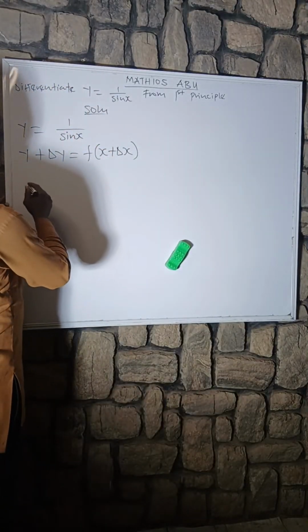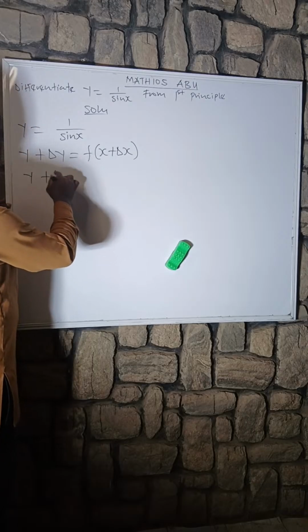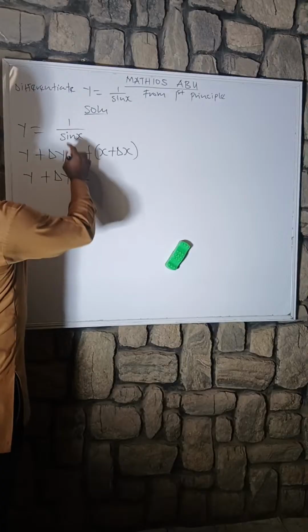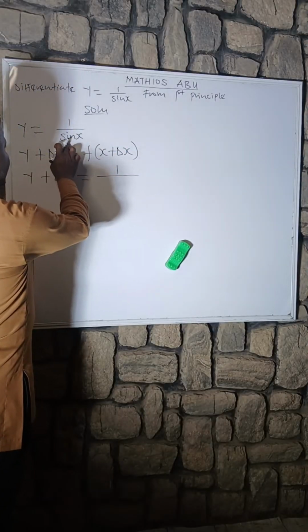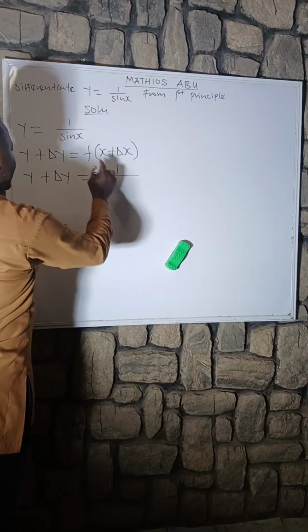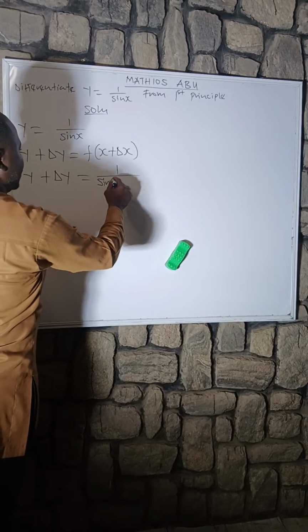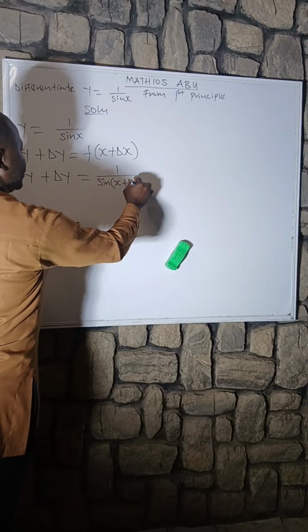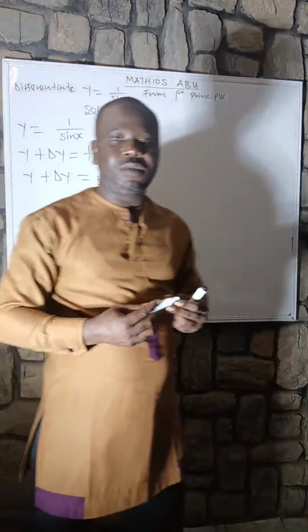That is, here will now be our y plus dy is equal to 1 all over sine, this is your f, then your x is this bracket, open bracket, x plus dx. True or false? Do you agree with me?